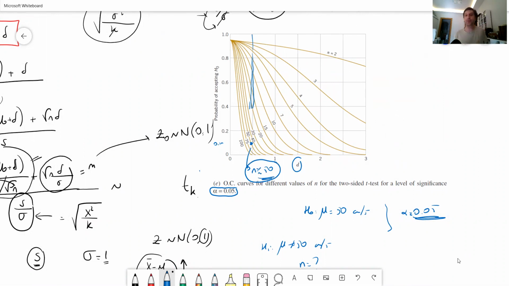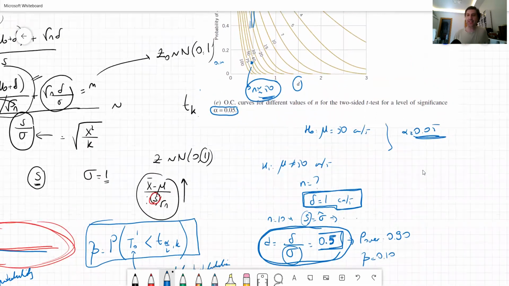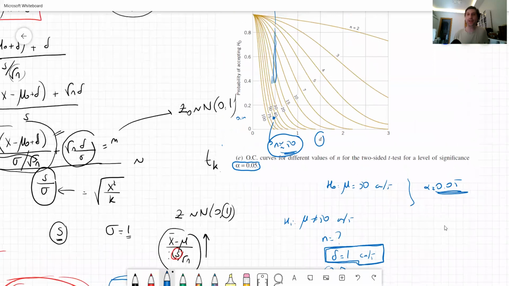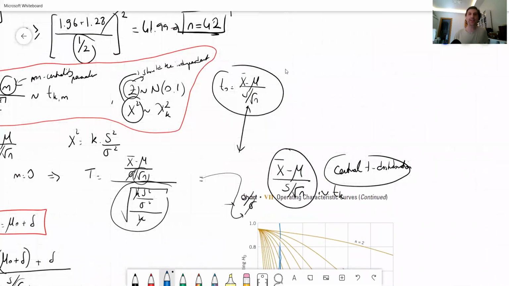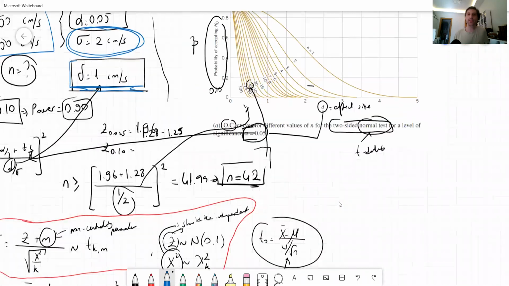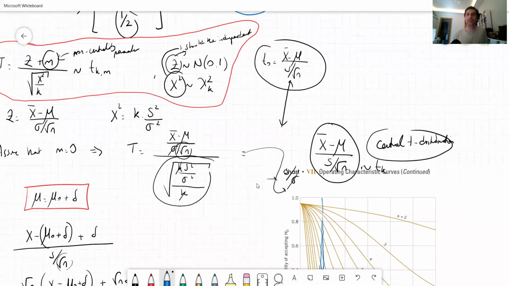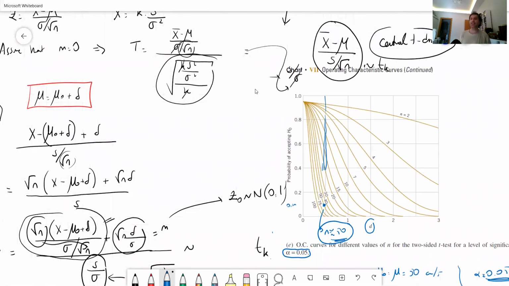So 50 observations would be sufficient to obtain a power of this test equal to 0.90. Now, if you compare it with the case related with normal distribution, that value with the same effect size was equal to 42 that we have found, and using the graph we have found it to be 40. When it comes to t-distribution, it is 50.